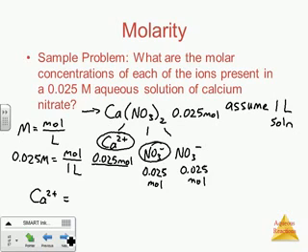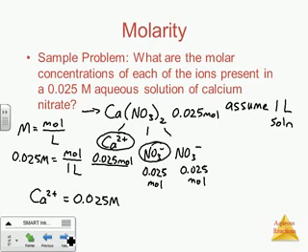Because it only split apart into one thing. And so for every 1 calcium nitrate, we get 1 calcium 2 plus ion. So that's still going to be the same concentration as the original solution, 0.025 molar, because again, we're assuming that we're in a 1 liter solution here. So 0.025 moles divided by 1 liter gives you 0.025 molar.